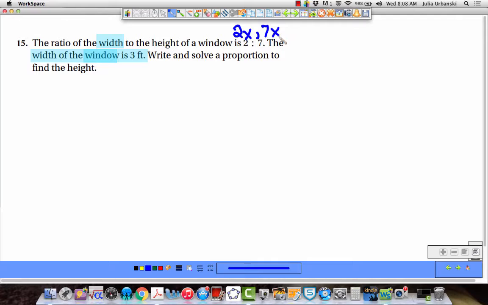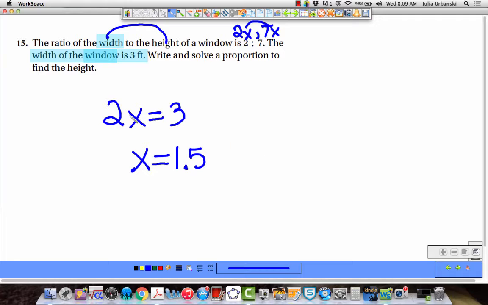The 2x. Usually we call the width the shorter one, but also because of the order of the words. See this? They say width to height. That means the first one is width and the second one is height. Okay? So if the width is 2x, 2x equals what? What's the width of the window? 3 feet. So x equals 1.5.